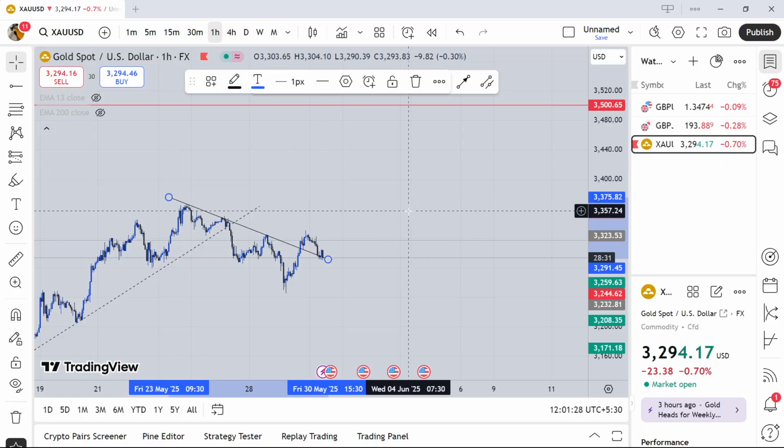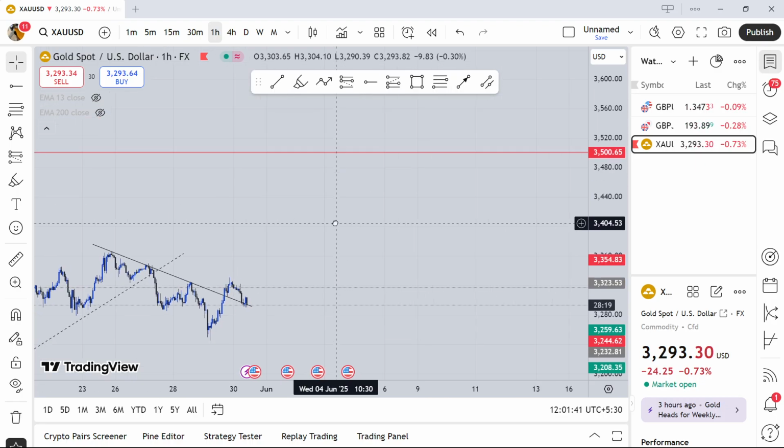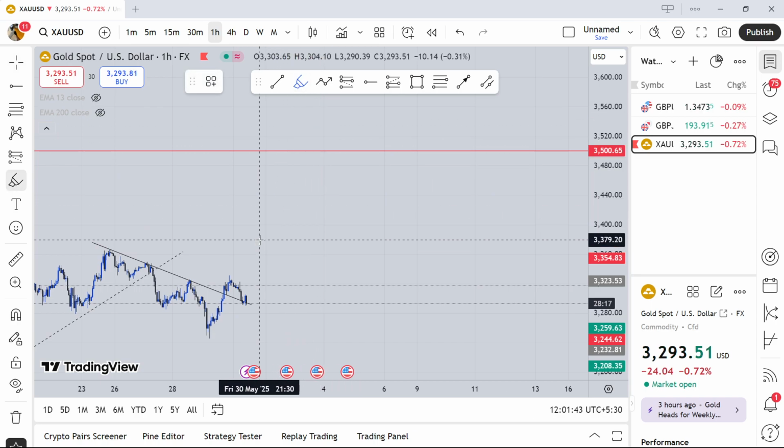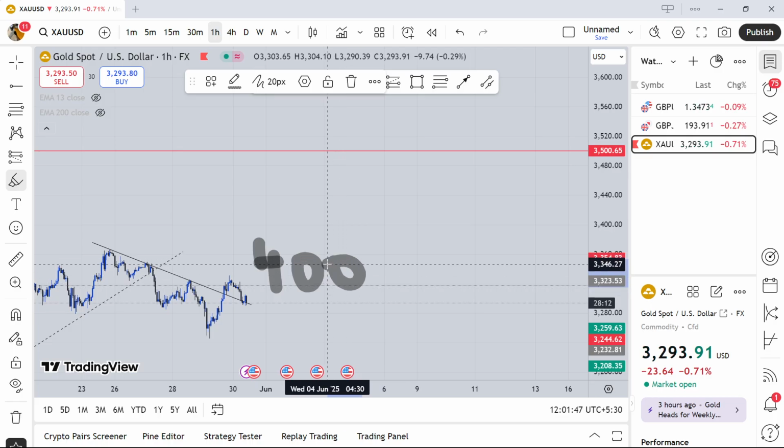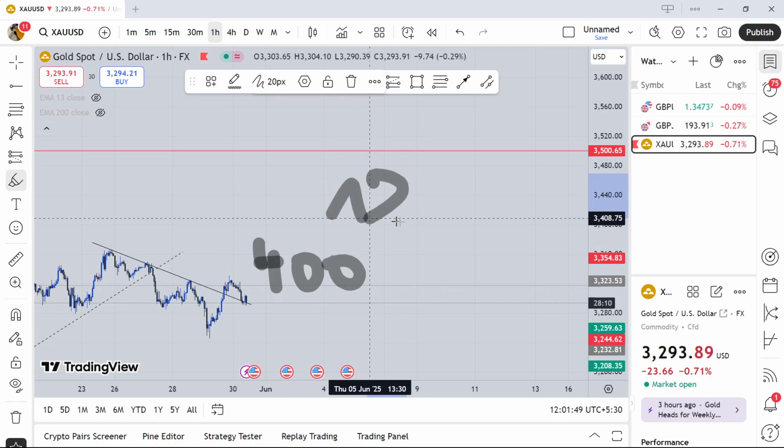If I know that I'm already trading my profits, maybe I had a winning week, for example, I'm calculating: if I'm risking $400 per trade and I have a winning trade, that's $1,200.